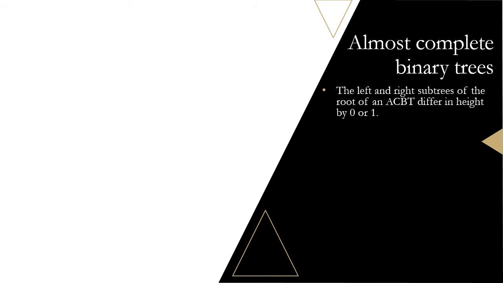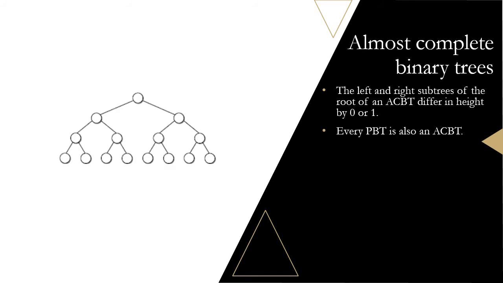The left and right subtrees of the root of an ACBT differ in height by 0 or 1. Every PBT is also an ACBT. So here you see a perfect binary tree, and this is also an almost complete binary tree. Why? Because this follows the definition I just gave you. Look at the root. Now look at its left subtree. What is the height of the left subtree?